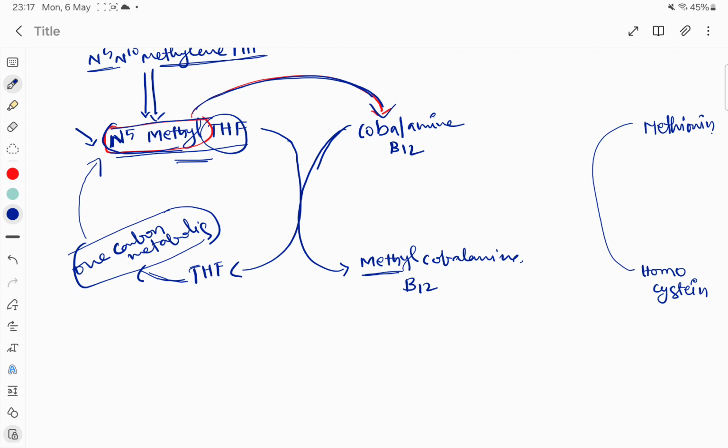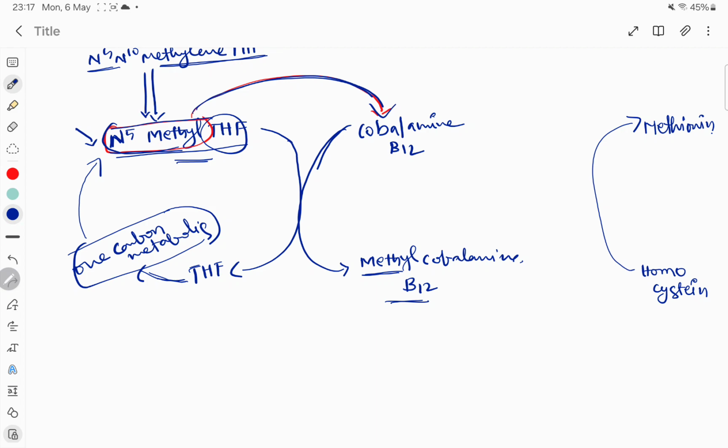Your body will synthesize it from homocysteine. So how is homocysteine getting converted to methionine? This is the concept here. Directly homocysteine cannot be converted to methionine. There is a process through methylcobalamin, this B12.